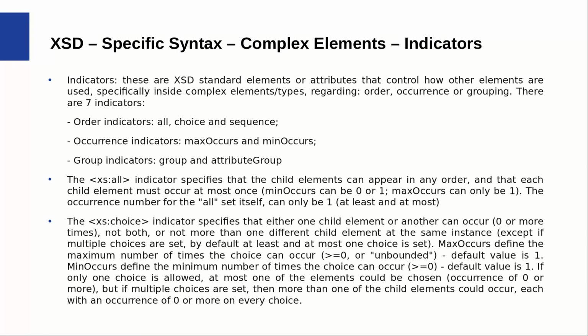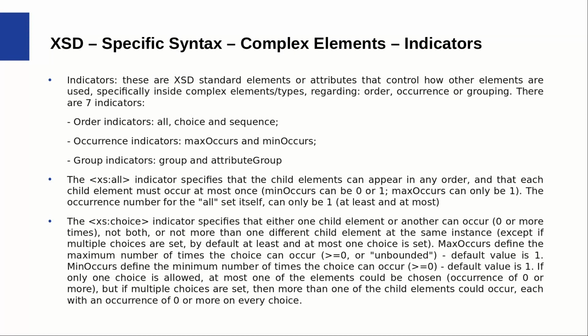So starting with the xs:all indicator, we have two specifications. One is that the child elements can appear in any order, and the second that each child element must occur at most once and at least 0. So at the nested element declaration, we can use an attribute minOccurs of 0 or 1 and an attribute maxOccurs of only 1.